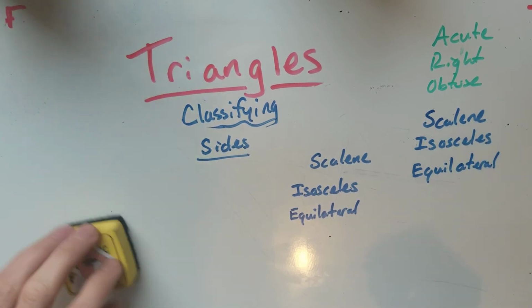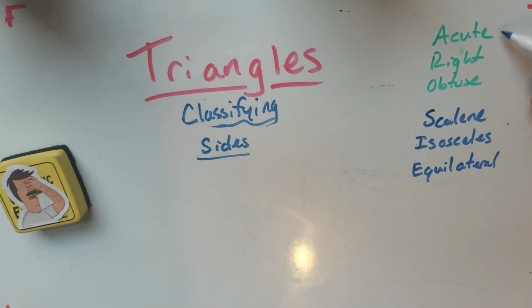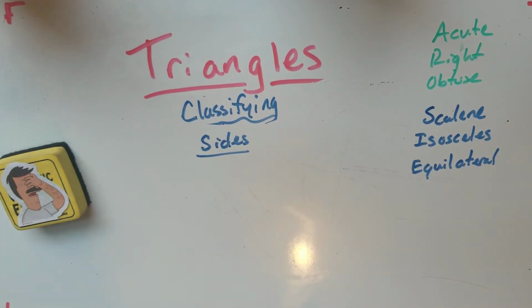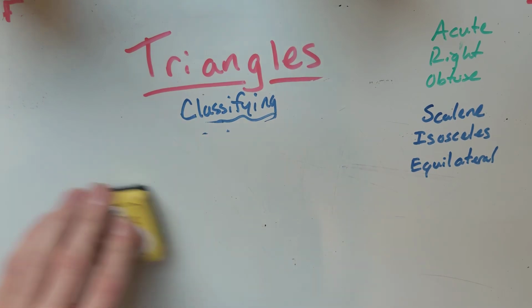And what I mean by that is you're going to choose one of these green words, and you're going to choose one of these blue words. So you could be like an acute scalene triangle, or a right isosceles triangle, or an obtuse scalene, or an acute equilateral triangle. You're going to have combinations of them, but you're going to have one from here and one from here.